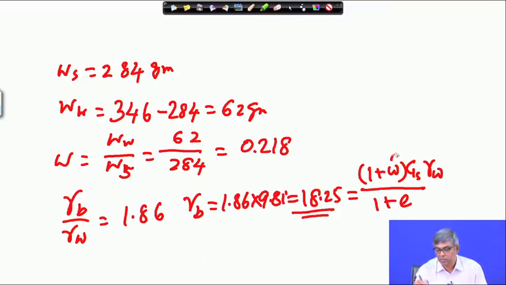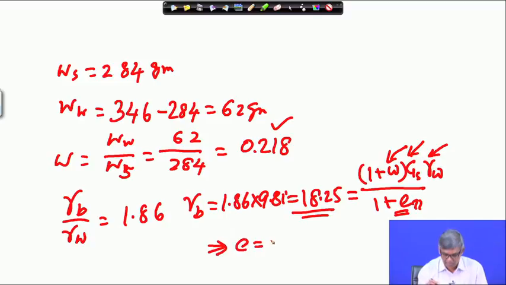So, from here W is known, Gs can be assumed 2.7, gamma W is 9.81, and the only unknown is E. So, from here I can find out E equal to 0.768.